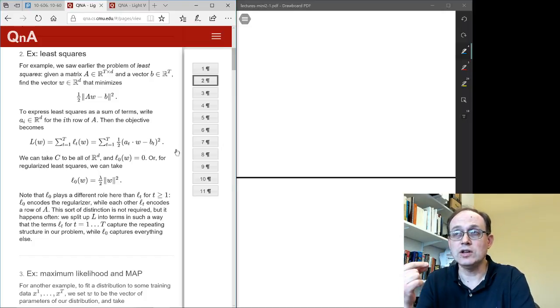For each row, you're trying to make the output of that row equal to the corresponding element of B, and you penalize yourself by the squared difference.